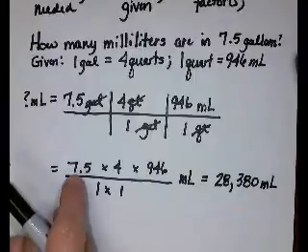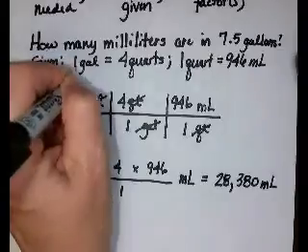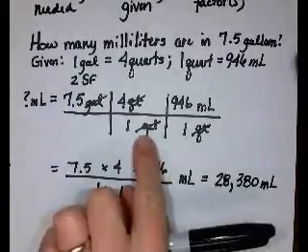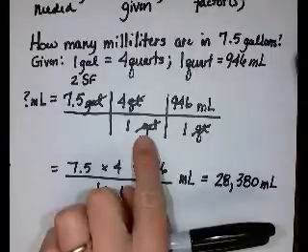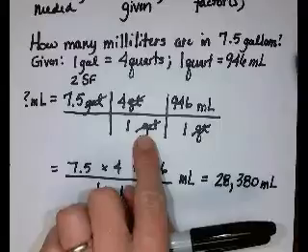This is my measurement. It has 2 significant digits in it. The conversion from gallon to quart is an exact conversion factor. A gallon is defined as 4 quarts.